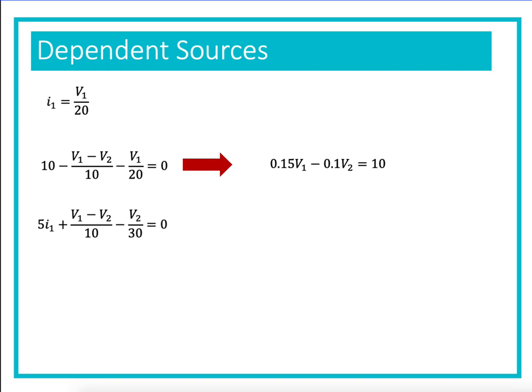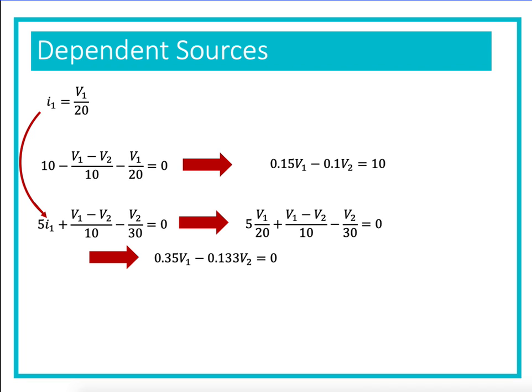So that's great. Then, because we really don't care what I1 is, that's not the point of the problem, we're going to take the value of I1 and substitute it into this equation down here. Now we have all V1s and V2s in the second equation, and we're going to simplify that and put it back into the form that we have used before.